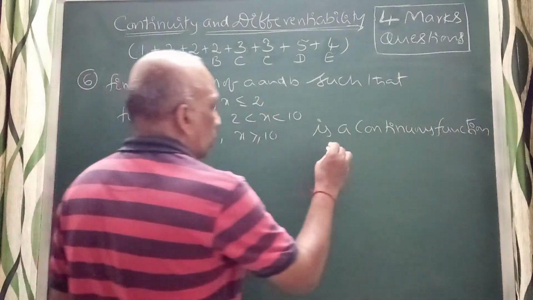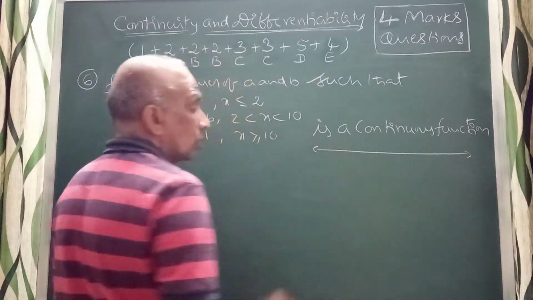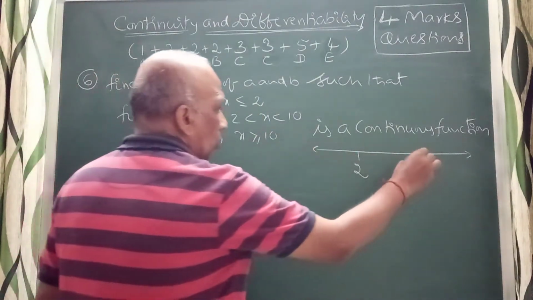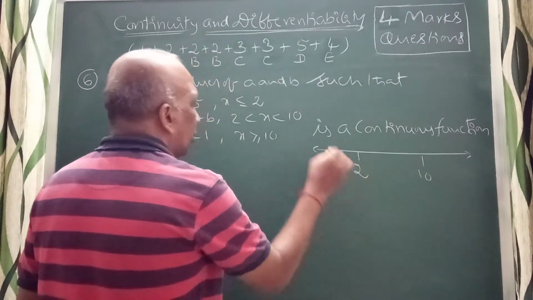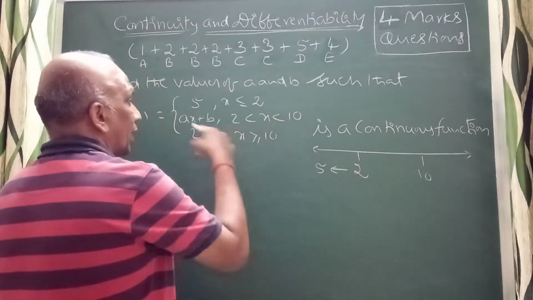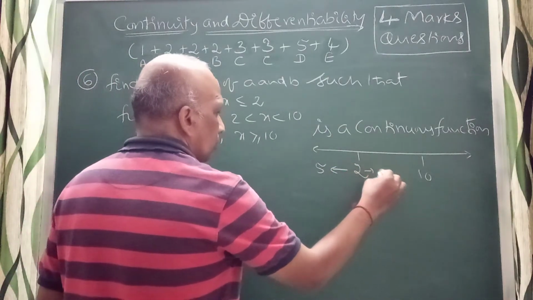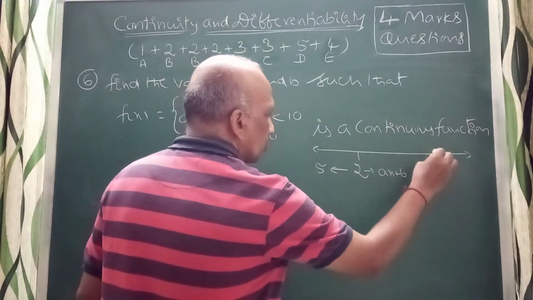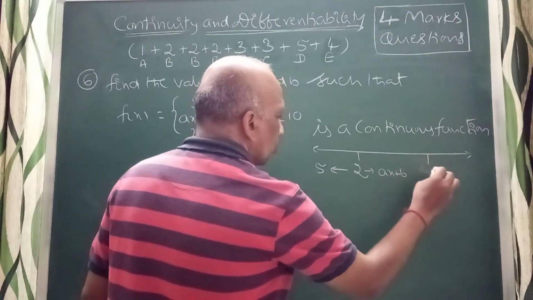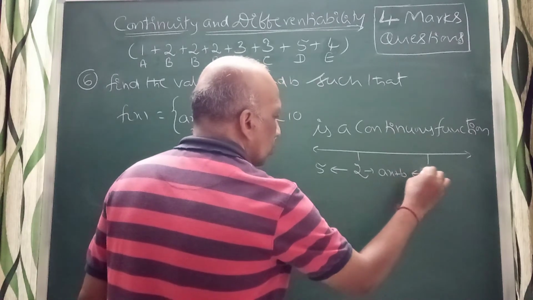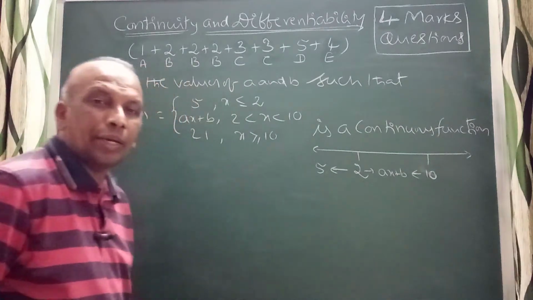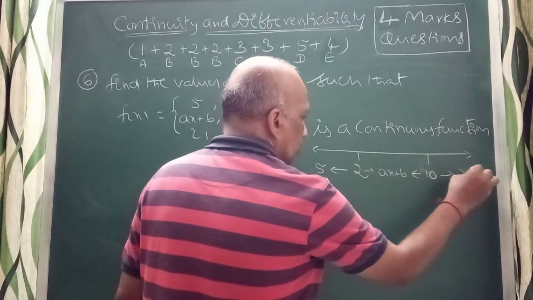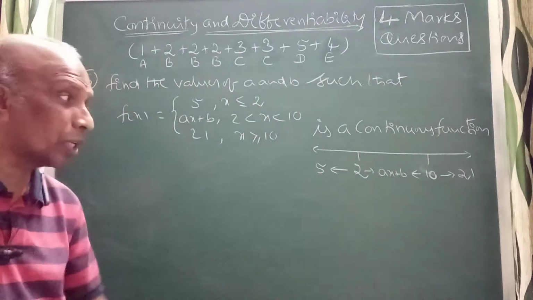But you can observe here that they have separated the function at 2 points, 2 and 10. Left of 2 is 5, right of 2 is ax plus b. Similarly, left of 10 is ax plus b, right of 10 is 21.